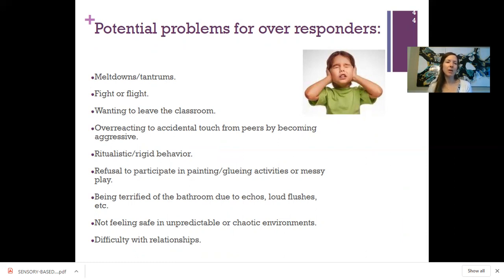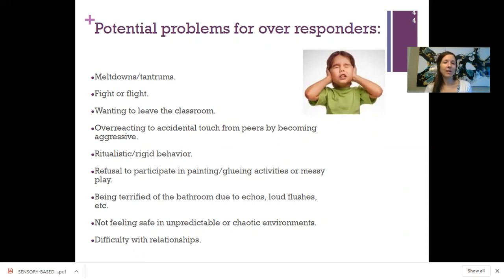Sometimes they have ritualistic or rigid behaviors because they're trying to orchestrate their day around their sensory systems and make sure everything's going to be okay. They might refuse to participate in painting, gluing, or messy play. They might be afraid of the bathroom because bathrooms are very loud, echoey places with loud toilet flushes.